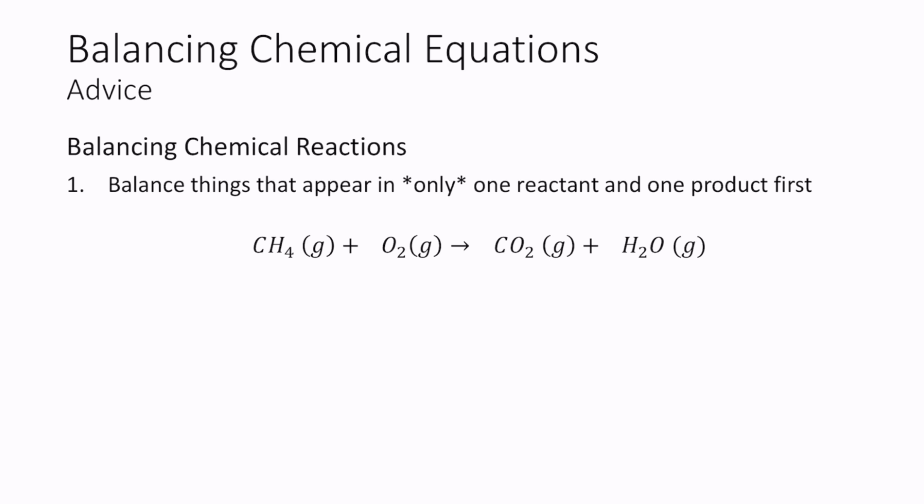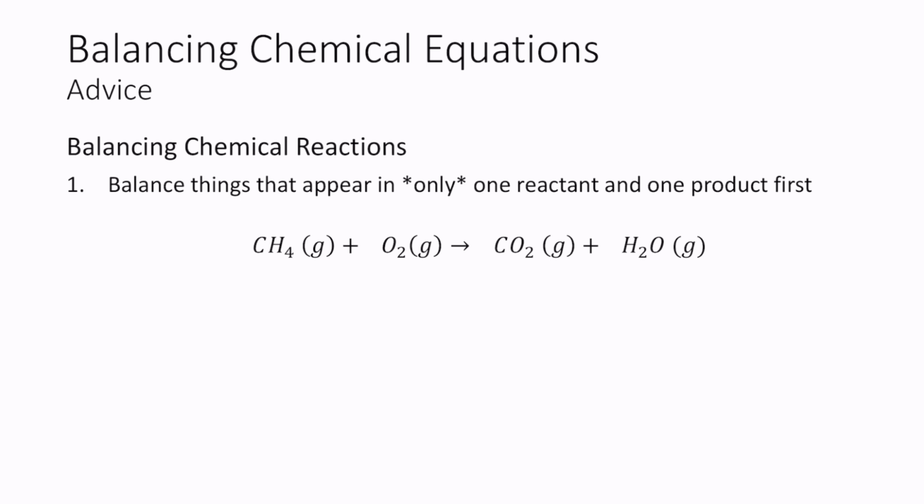So, for example, notice that oxygen is present in both of my products. So I want to leave that one until last. I want to look at my carbon and hydrogen because those two are only present in one thing.